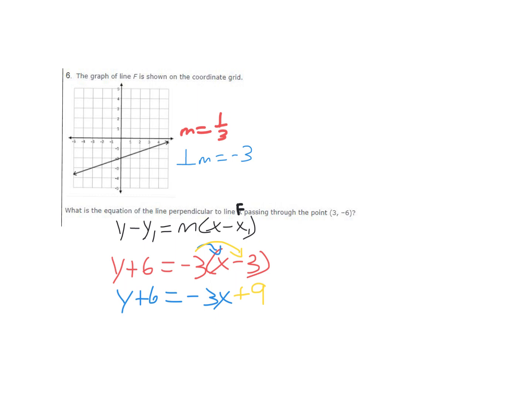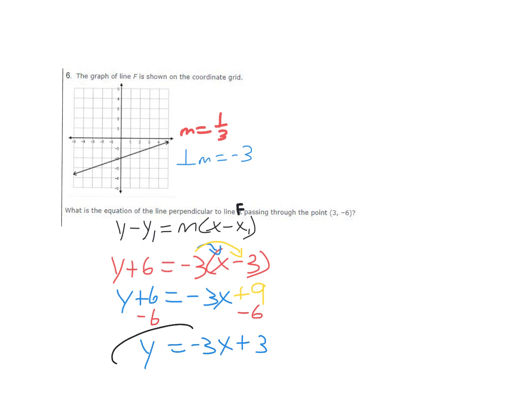From there, we solve for y. We get rid of this plus 6 by subtracting 6 from both sides. Our new equation is y equals -3x, and then 9 minus 6 is plus 3.